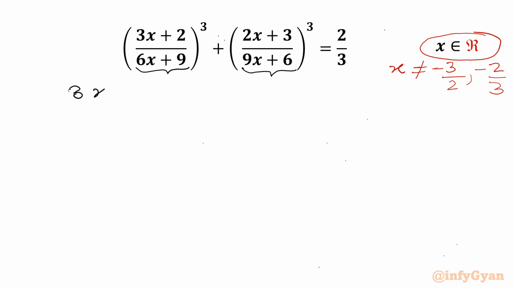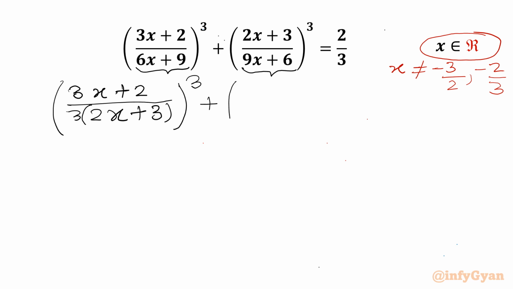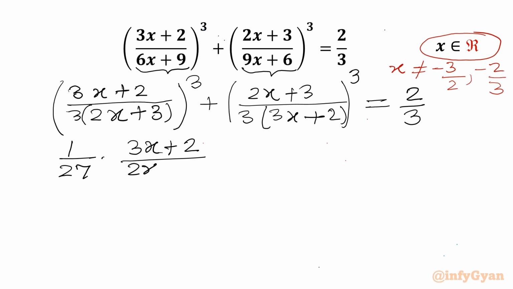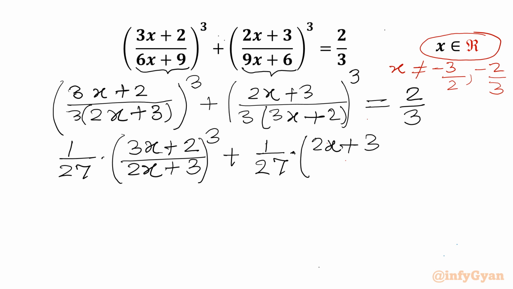So I can write 3x plus 2 over 3 is common, in bracket 2x plus 3 whole cube, plus 2x plus 3 is common, 3x plus 2 whole cube, equal to 2 over 3, or 1 over 27 times 3x plus 2 over 2x plus 3 whole cube plus 1 over 27 times 2x plus 3 over 3x plus 2 whole cube equal to 2 over 3.